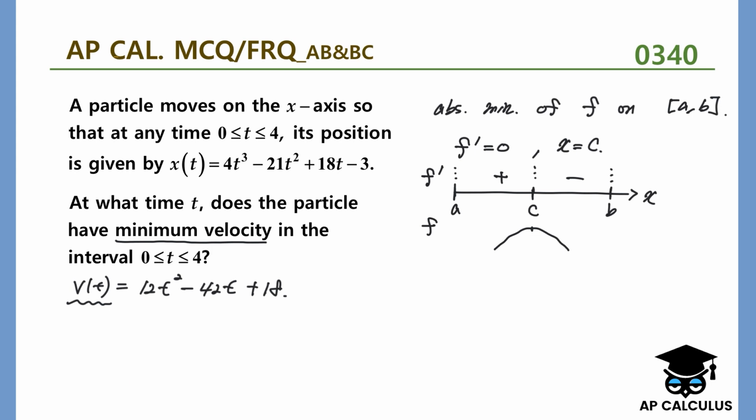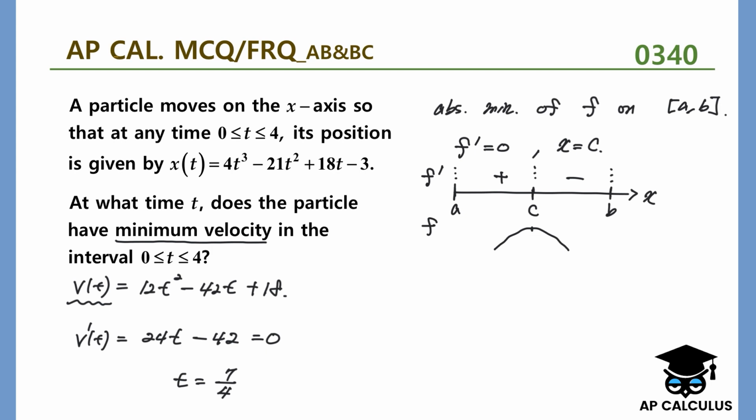So the derivative of this, which is equal to acceleration, is 24t minus 42. Set that equal to 0, then we know that t is equal to 7 over 4, right?